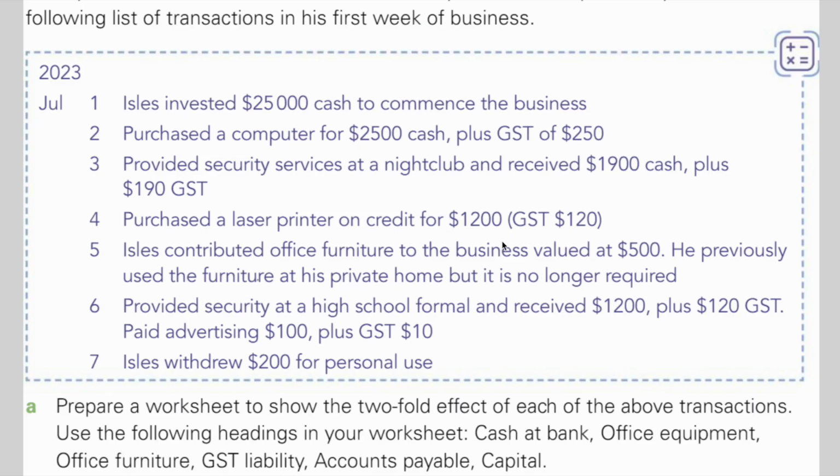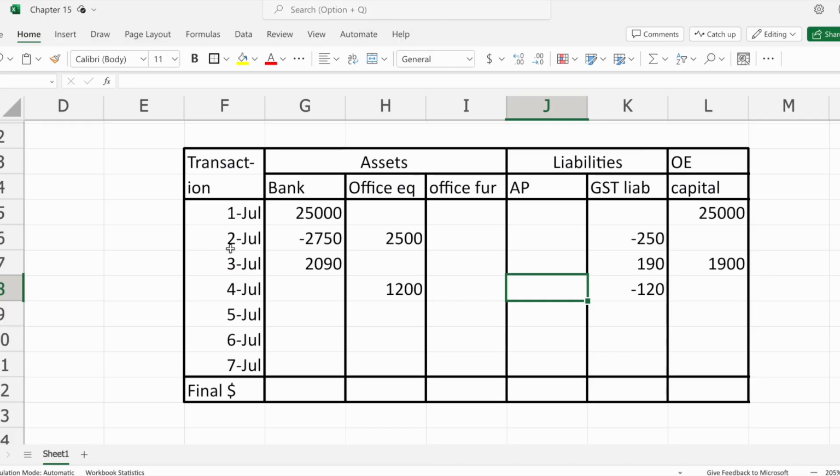Remember the keyword here: as we discussed, cash affects the bank, and credit affects accounts payable and accounts receivable. So now we have accounts payable here. We're meant to pay that amount of money because we bought it on credit.